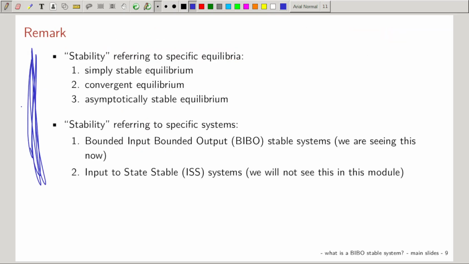Let's read this stuff here and let's be together on this message before we go. People tend to confuse the two types of stabilities: stability of an equilibrium, and stability of a system. Now we are talking about the map from inputs to outputs. Very much together, not at all, kind of? Read and tell me.